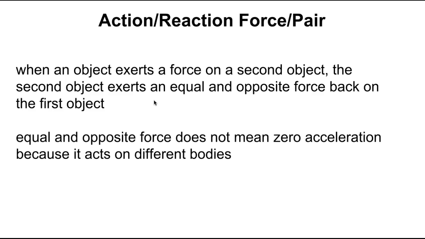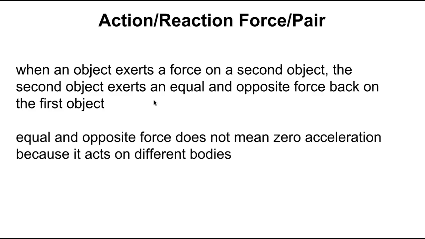He applied the opposite of what the girl applied, but he felt the girl's force, because it was equal and opposite. And the girl felt the opposite of what she was pushing, which is opposite of what the man was pushing. Now it's different from the first problem because the forces were different, so you had to figure out what the net force was between them before you could say which felt what.